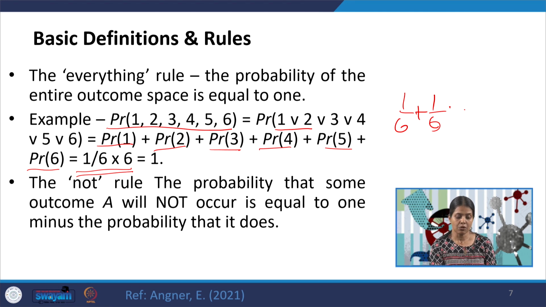There is something also called the NOT rule. The probability that some outcome A will not occur is equal to 1 minus the probability that it does occur.